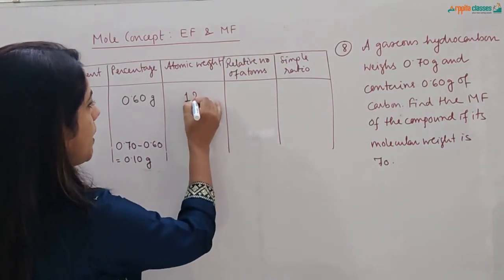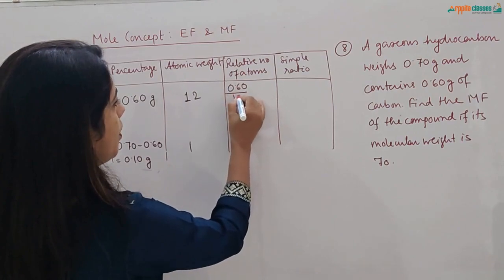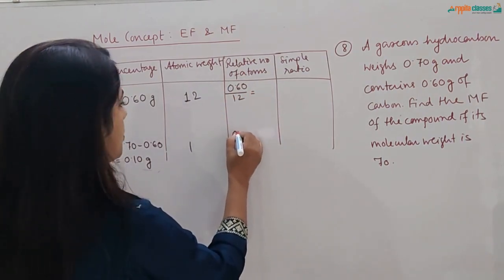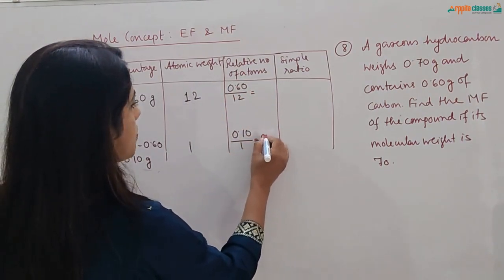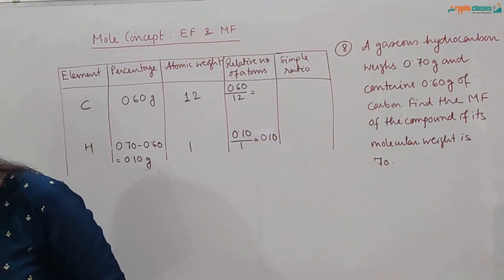Atomic weight of carbon is 12 and hydrogen is 1. So here it will be 0.60 upon 12, and here it will be 0.10 upon 1. This will be 0.10 only, and 0.60 upon 12 is 0.05.